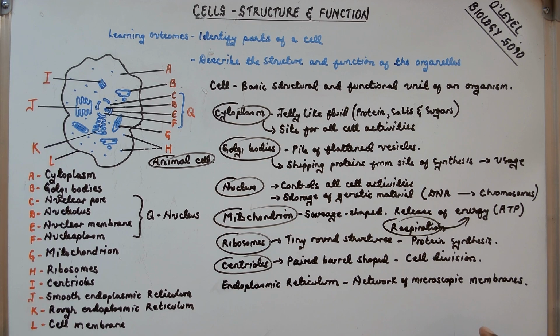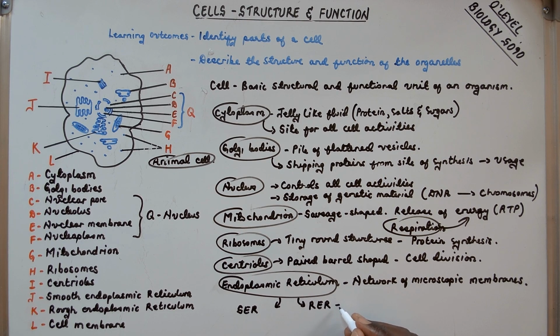These are of two types: the smooth endoplasmic reticulum, SER, and the rough endoplasmic reticulum, RER.